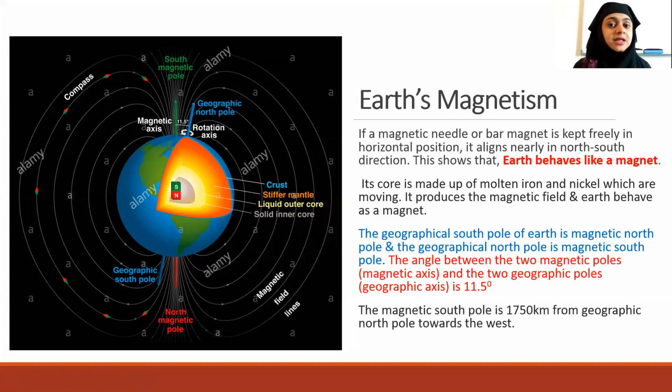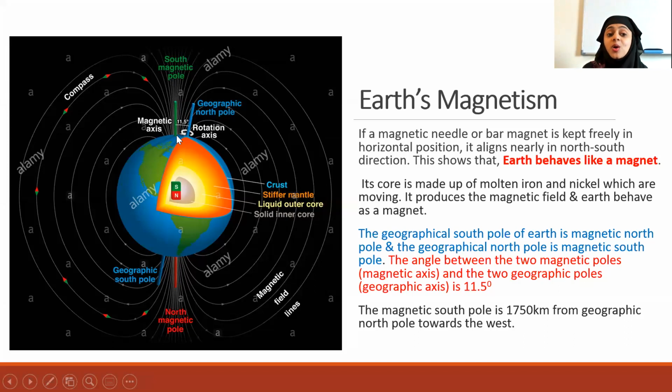Later we realized that if Earth itself is a magnet, then the compass north pole will be attracted by the Earth magnet's south pole, and the compass south pole will be attracted by the Earth magnet's north pole. So there was a difference in the name given. The geographic north pole is actually the south magnetic pole. If Earth was a magnet, it would be its south pole.